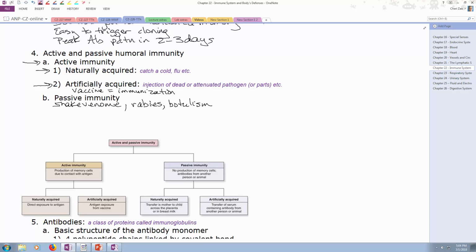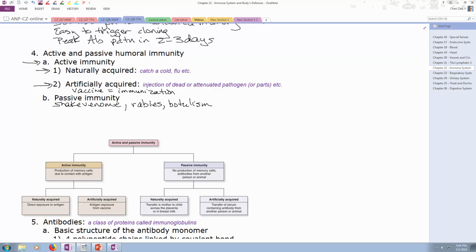And like mom gives you antibody all the time, she's making it, but once you're born, are you getting any more antibodies from mom unless, say, she's bottle feeding? So no, those antibodies are only going to float around in that baby's bloodstream for a while. And it can be weeks to months, depending upon the antibody type.